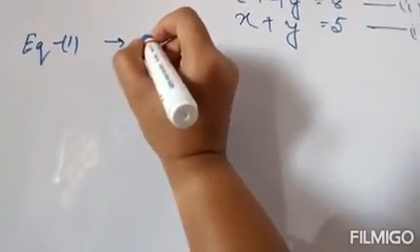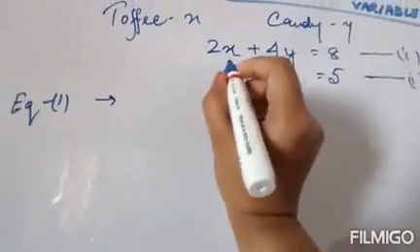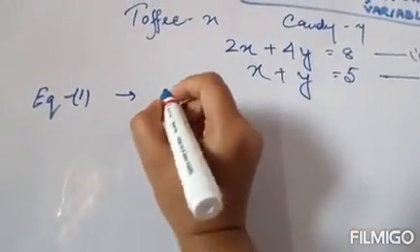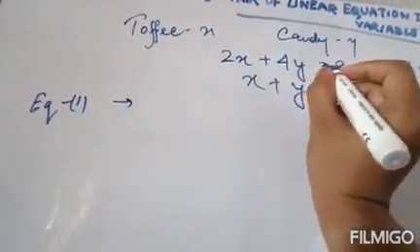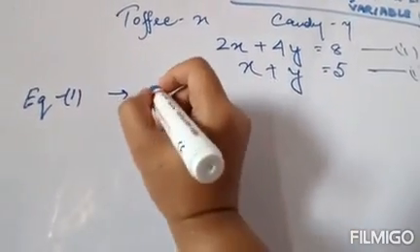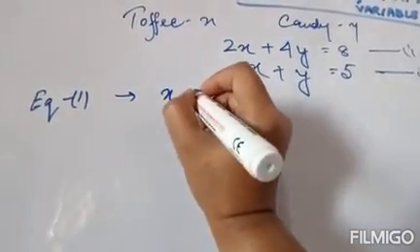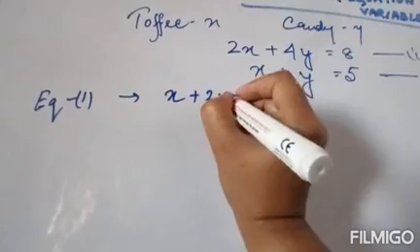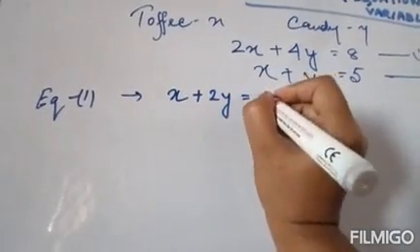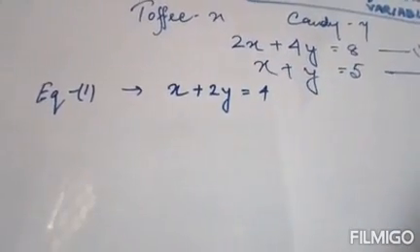I'll divide this equation by 2, as 2 is the common factor for all the coefficients. So it will become x plus 2y is equal to 4, correct?